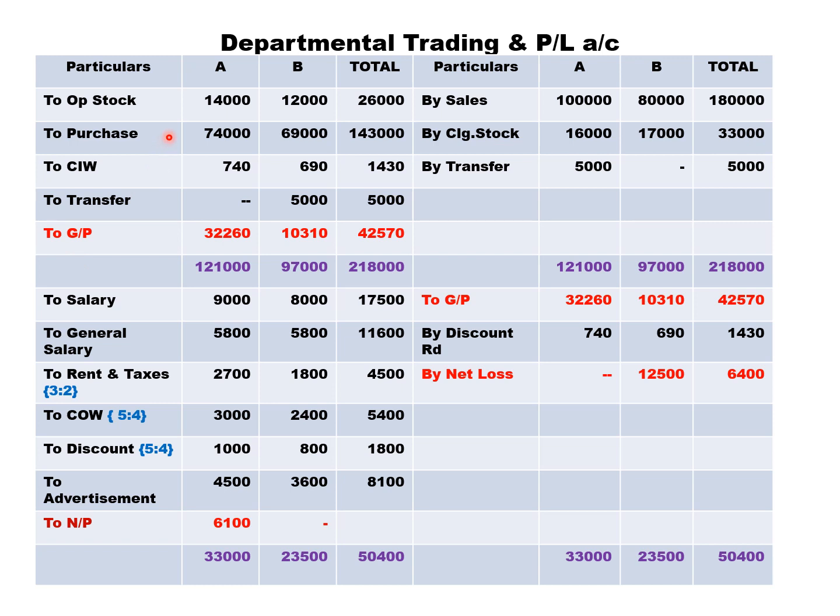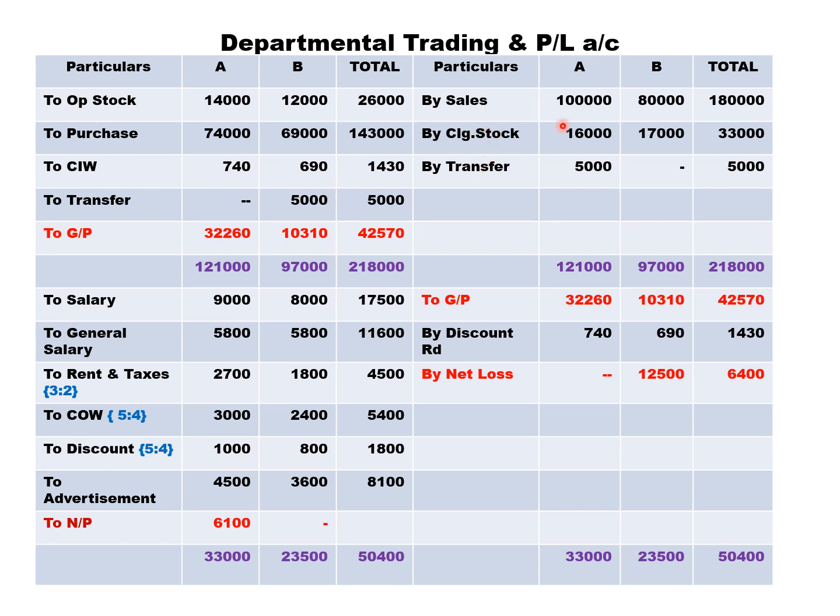So students, opening stock given in the question for A, B, and then you take the total of both the departments. Purchases given in the question. I've taken the net purchases, that is purchase less purchase returns. Carriage inward is distributed in the ratio of purchase.